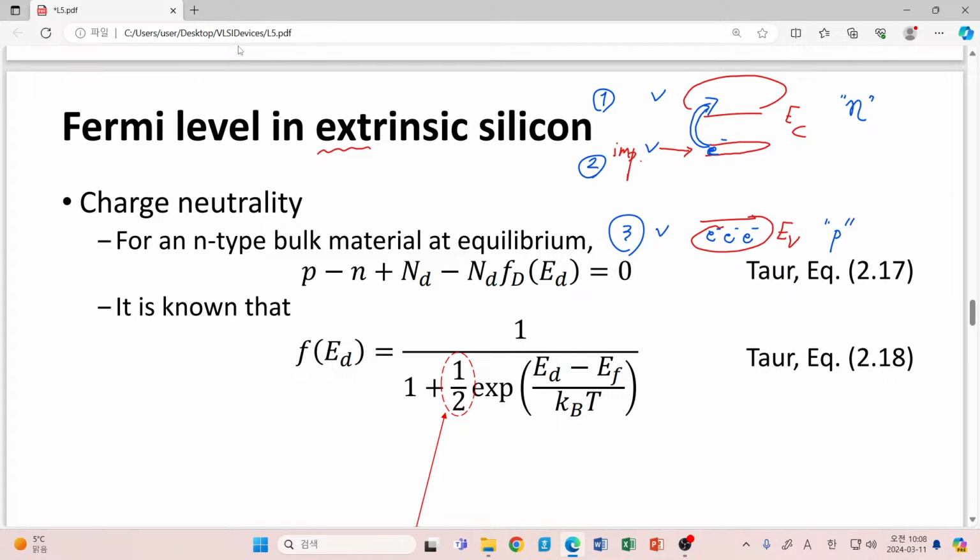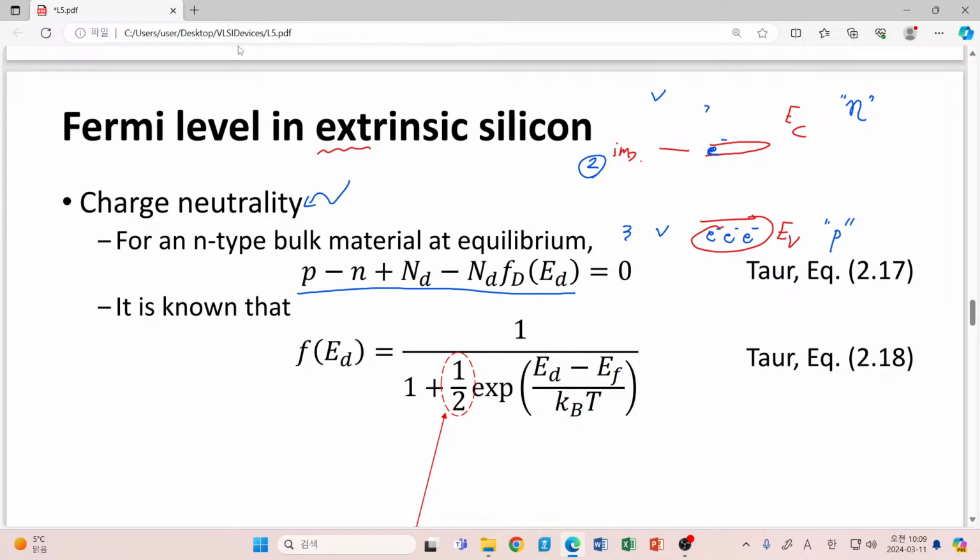However, now we have introduced the third one corresponding to the trap. So now charge neutrality can be expressed this way. Charge neutrality means that actually there is no positive charge or no net negative charge inside this system.